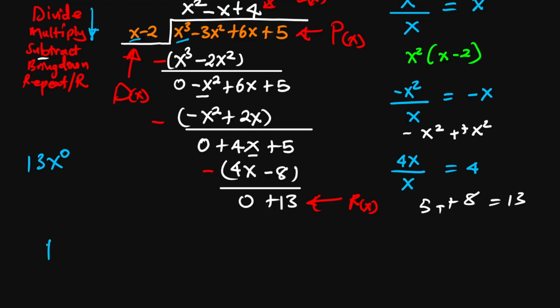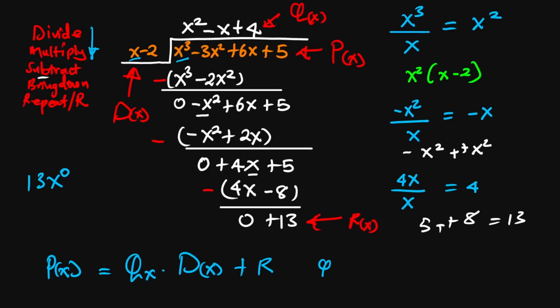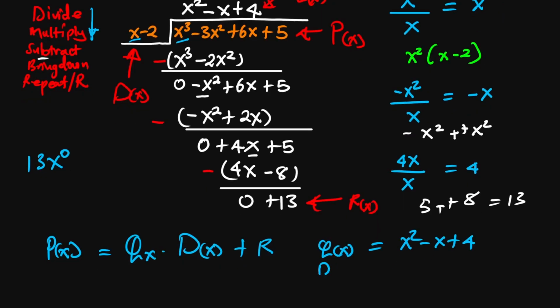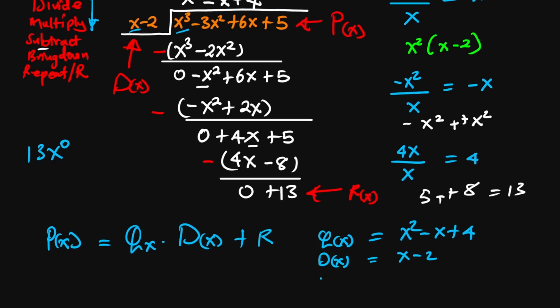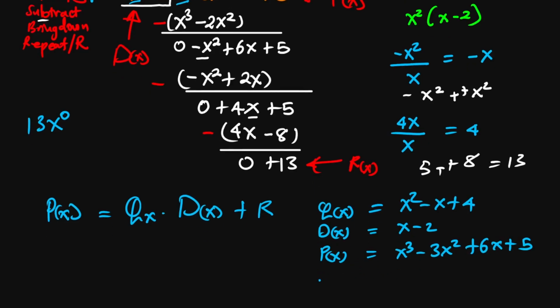We know that the polynomial of x should equal the quotient of x times the divisor of x plus the remainder.